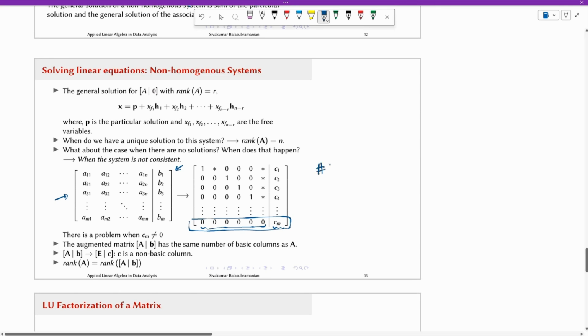And you will have a unique solution whenever, well, going back to those conditions we had, when the number of basic columns equals m, number of rows, then you always have, am I correct? No, sorry. I'm making a mistake. I need to think about this.